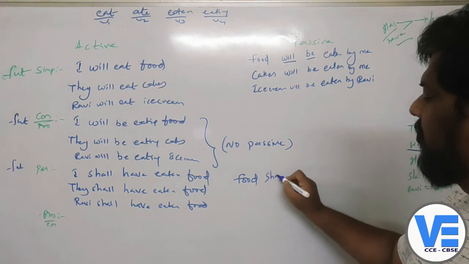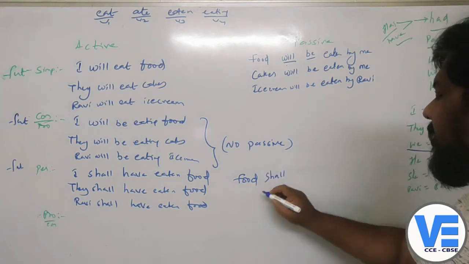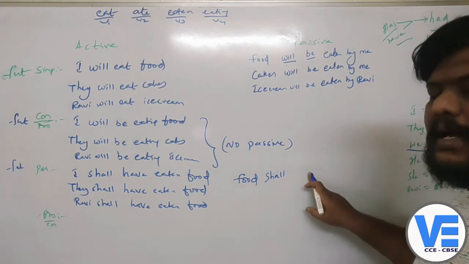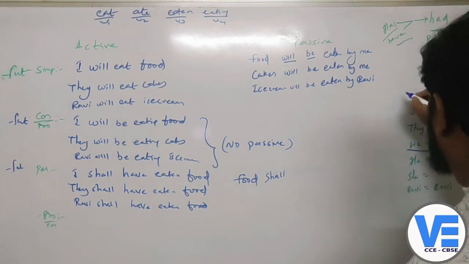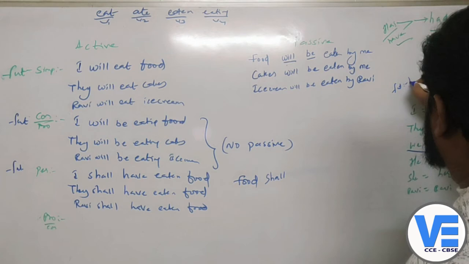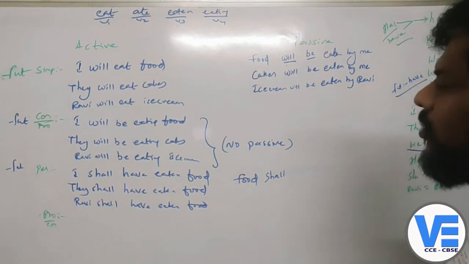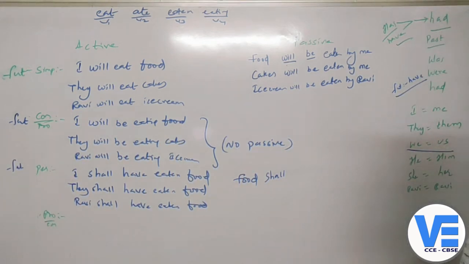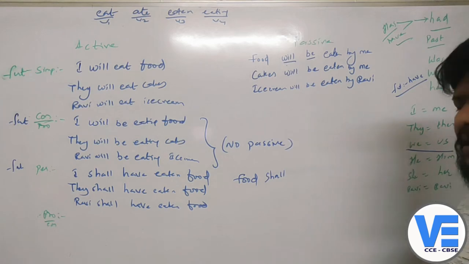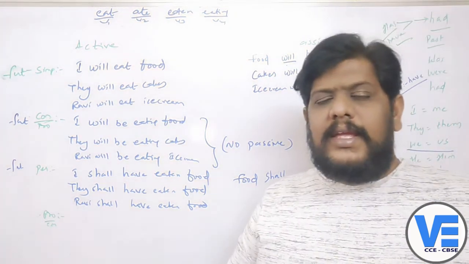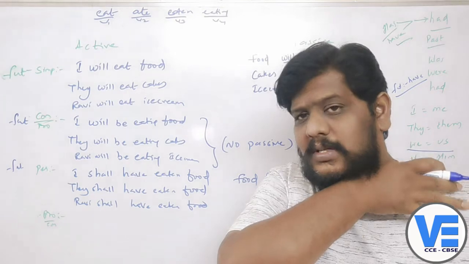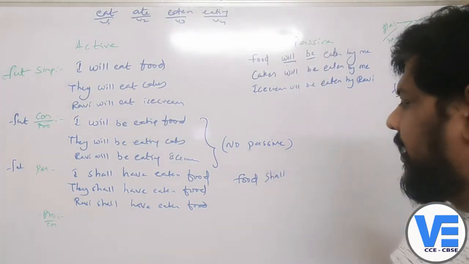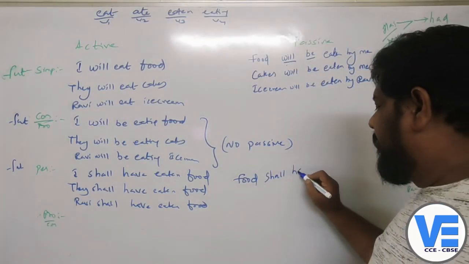Food shall. Okay. And because it is future, we'll not write has here; only we have to use have. We cannot use has in the future, irrespective of any subject you are taking. Whether it is I, he, we, she, they, or Ravi, whatever the subject is, what you will take here is only have.